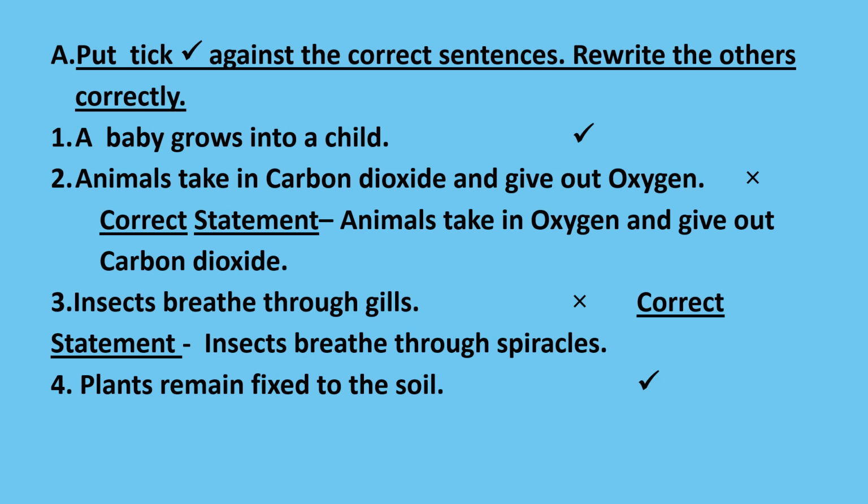So the correct statement is animals take in oxygen and give out carbon dioxide. We can also say that plants take in carbon dioxide and give out oxygen. Both these sentences are correct.